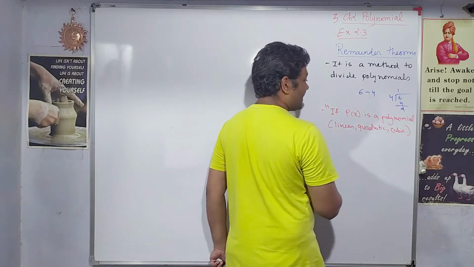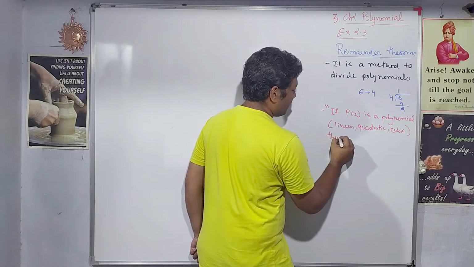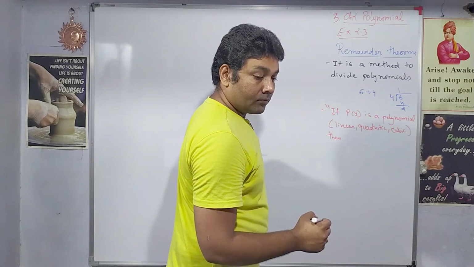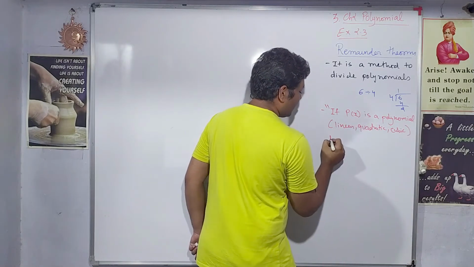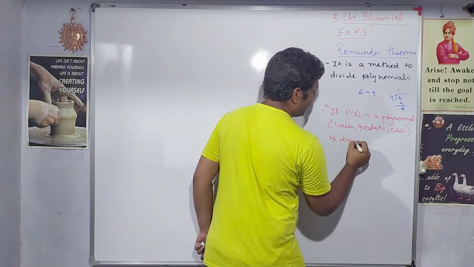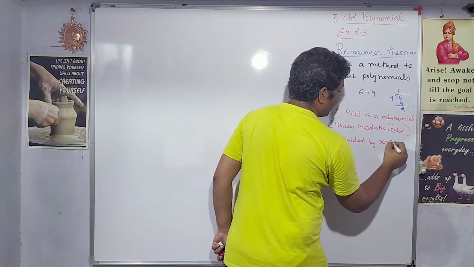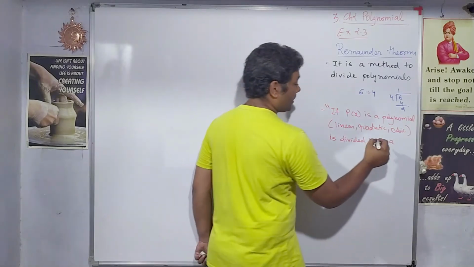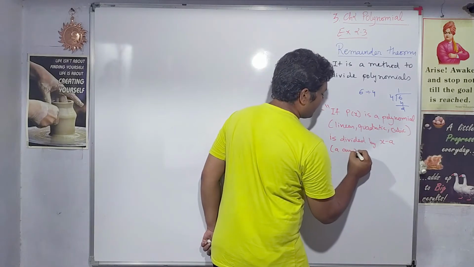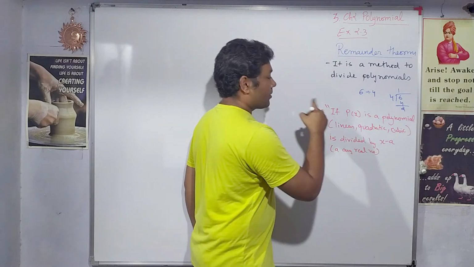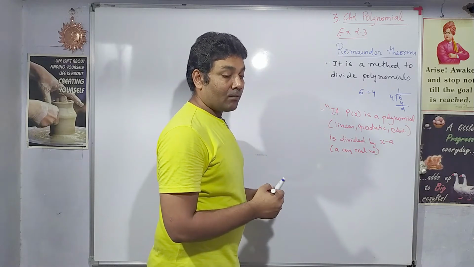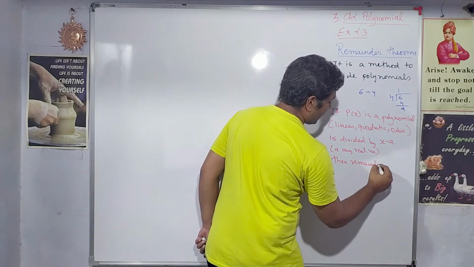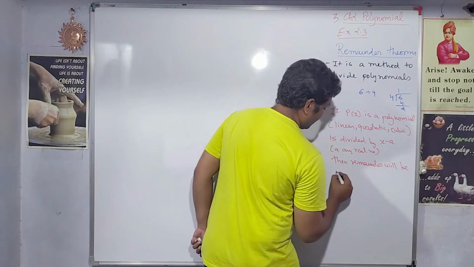So if p of x is a polynomial, and is divided by x minus a, where a can be any real number, any number you take, then the remainder will be p of a.